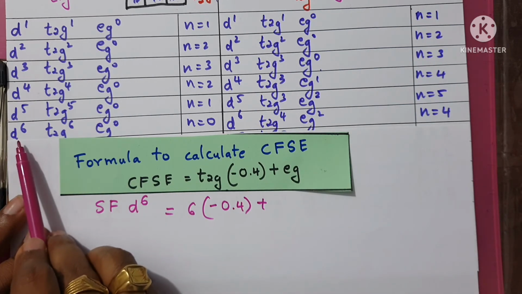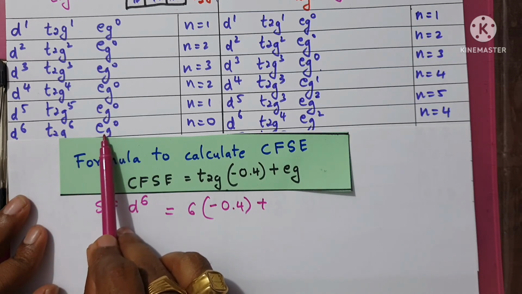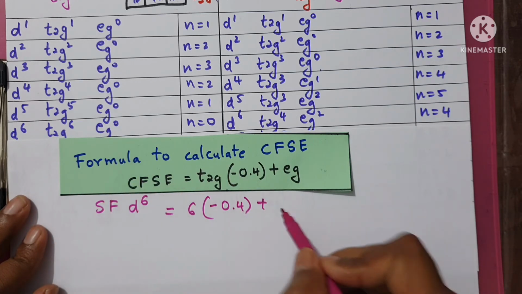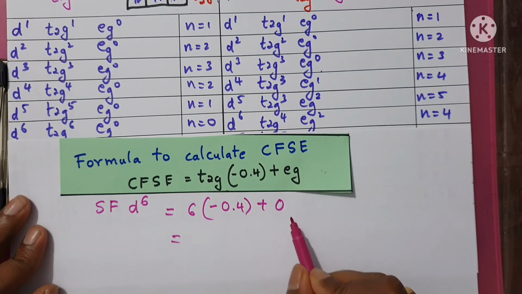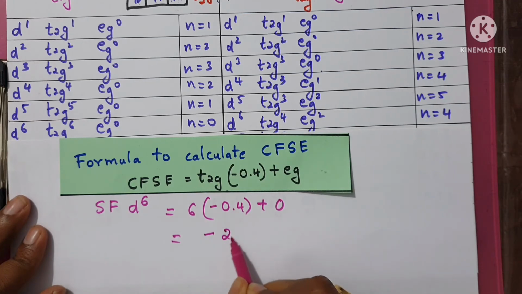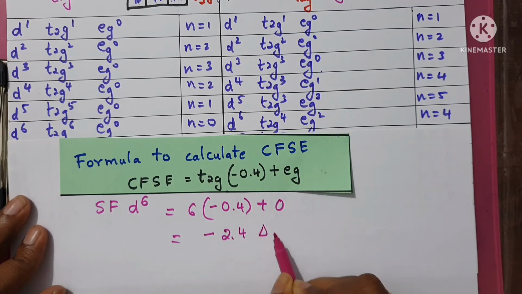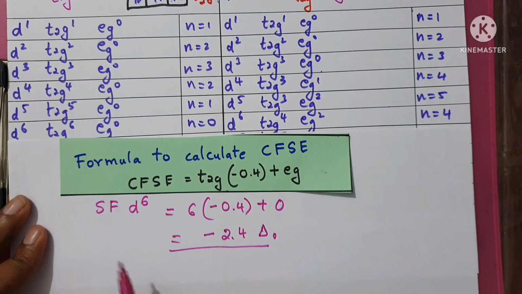For d6 for a strong field ligand, what is eg? Eg is 0. Therefore I will take 0. It is going to be 6 into minus 0.4 plus 0. When we simplify this, we will get a value of minus 2.4. This is the value for strong field ligand d6.